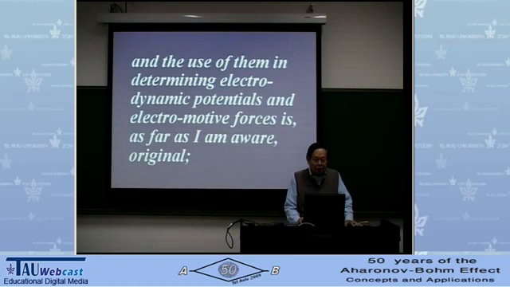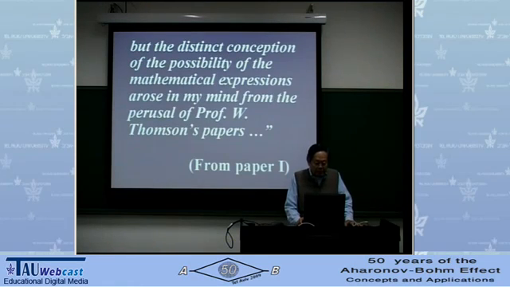This is, in my opinion, a completely fair statement. "But the distinct conception of the possibility of the mathematical expressions arose in my mind from the perusal of Professor W. Thomson's papers." You see that here Maxwell was very careful. He did borrow from Thomson the idea of the vector potential.